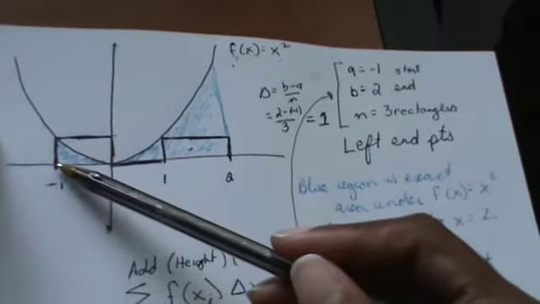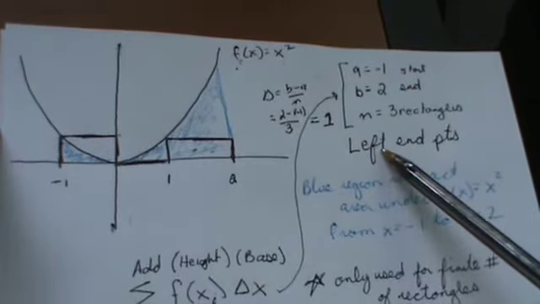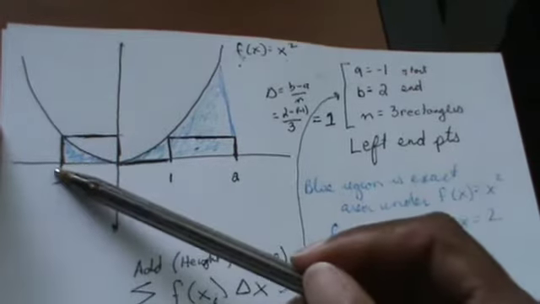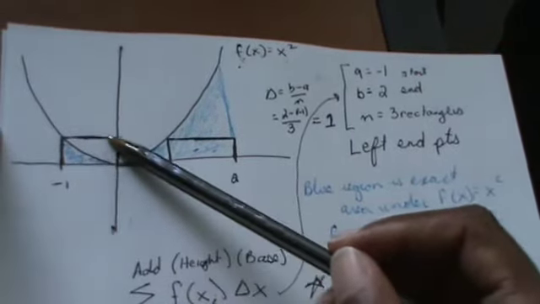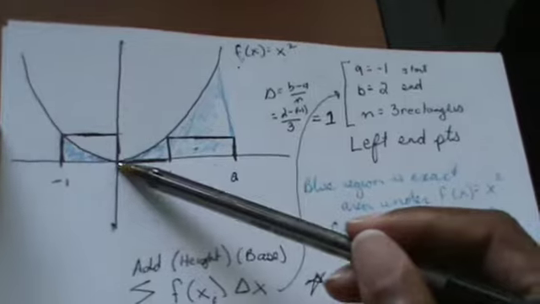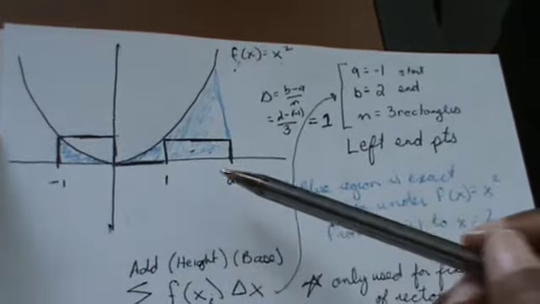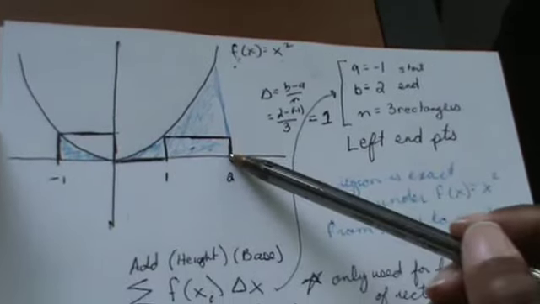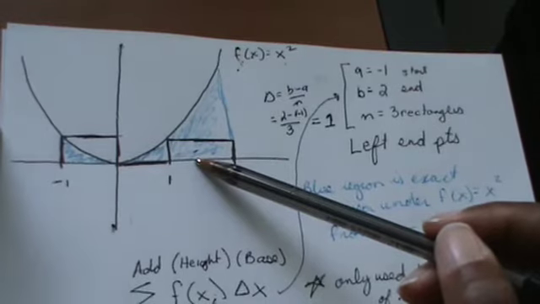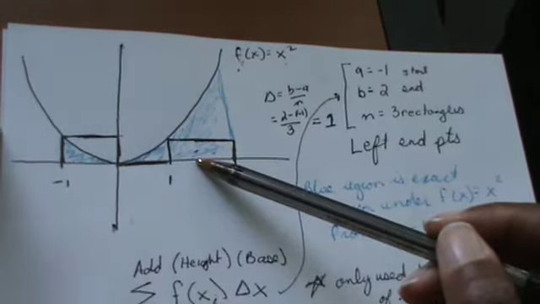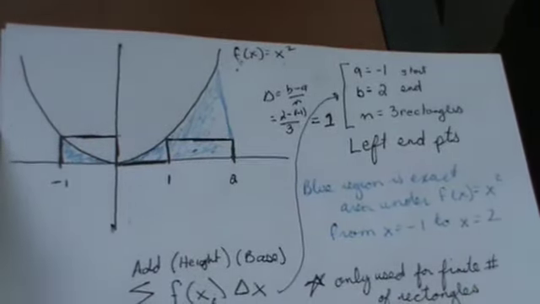So I decided to do the left endpoints, and for these left endpoints, notice between -1 and 0, -1 is on the left, so that marked out the first height. Between 0 and 1, 0 is on the left. And then between 1 and 2, the 1 is on the left, right? So if I add these 3 rectangles, then I'm going to argue that the sum of those rectangles is the approximate blue area, right? The approximation of the exact area under the curve.